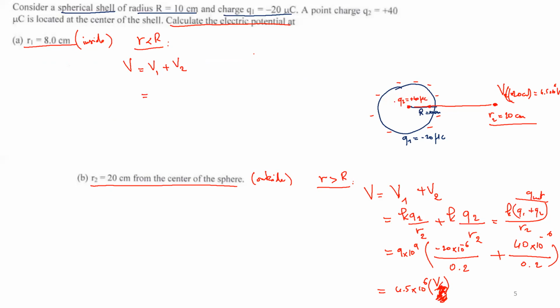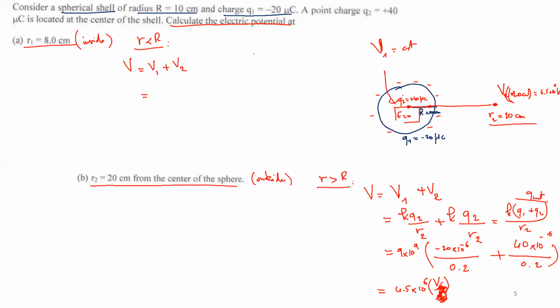Inside the shell you will have a constant, because actually the electric field inside is 0. Electric field inside is 0, meaning what? I mean, due to the shell, I'm talking due to the Q1. Means that the V created by the shell is constant.